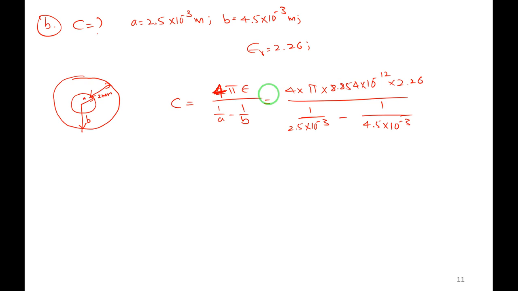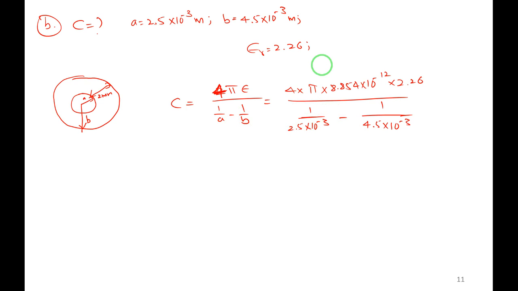First I will do the denominator. 2.5 exponential minus 3 whole inverse minus open bracket 4.5 exponential minus 3 whole inverse, right? So I got this. I'll take once again inverse, 177 something I got.